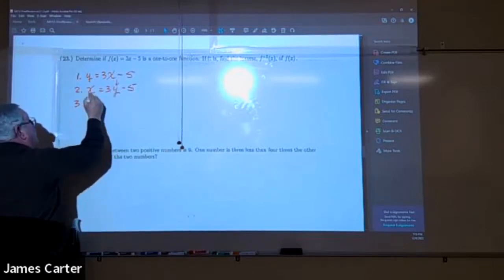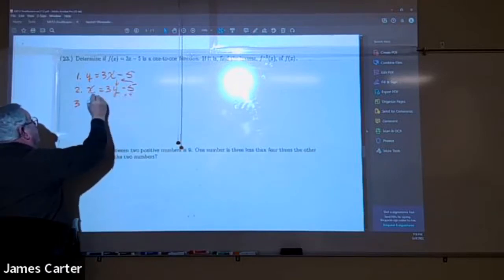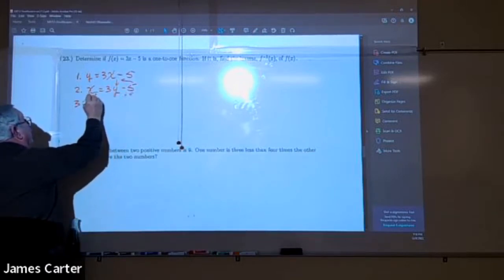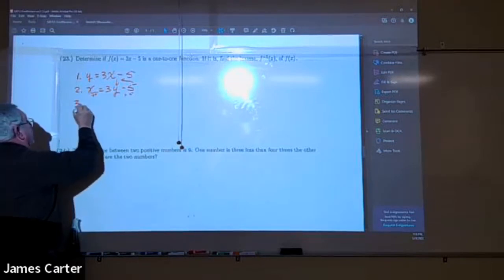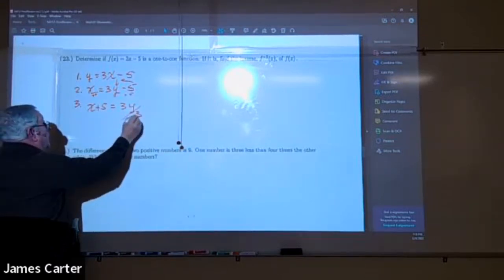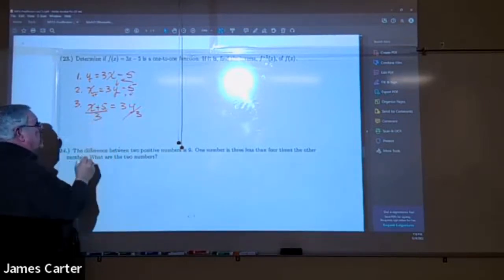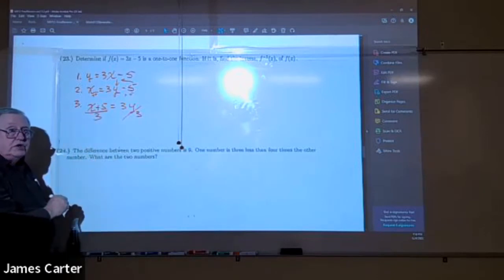So I'm going to bring this over here, +5, +5. So I get x plus 5 equals 3y. Now I'm going to divide both sides by 3, every term. Or actually, I don't have to do every term. I can do it like this, or you can do it every term.